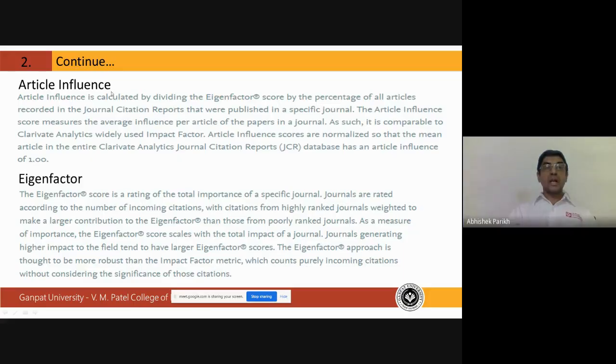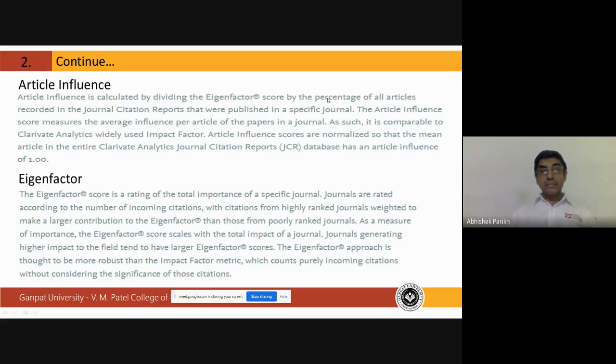So basically, article influence is calculated by dividing this Eigenfactor score by the percentage of all articles recorded in the Journal Citation Reports that were published in that specific journal. Let me give you an example. If I am publishing one of my research papers in the Indian Journal of Finance, then whatever number of Indian Journal of Finance articles for the particular year is reported in the Journal Citation Reports, that is basically considered as Scopus listed.